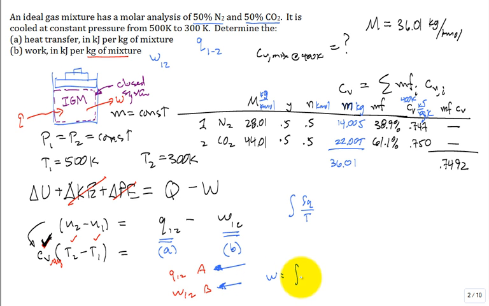Now I'm going to put it lowercase, specific volume, and this is specific work. Or if you want to write it, capital W is equal to the integral P dV. Does that equation look familiar? And this equation you like to use when you have a constant pressure expansion or contraction. True?